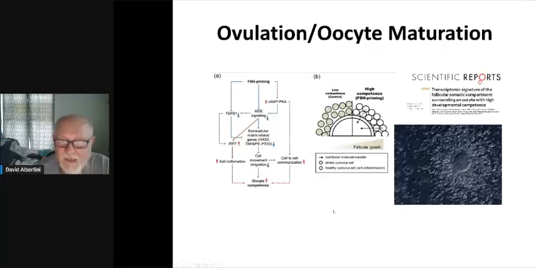Now, that said, it's already become insufficient to study the transcriptome alone. So other omic technologies are being introduced and applied to assessing, again, the quality of the somatic cells to gauge the quality of the oocyte.